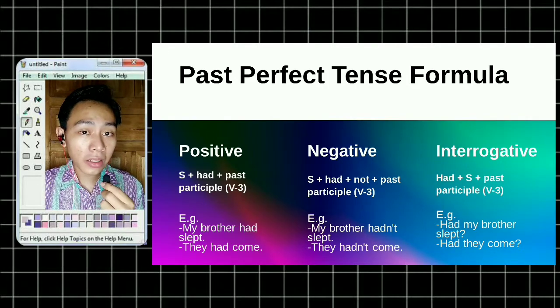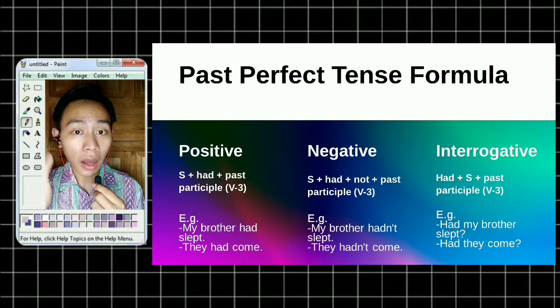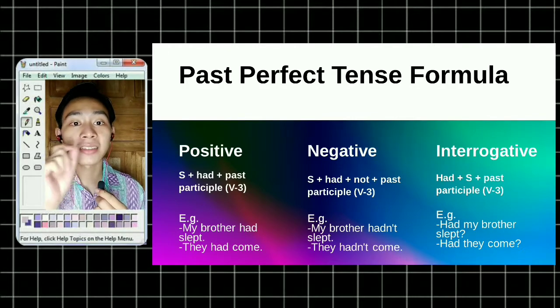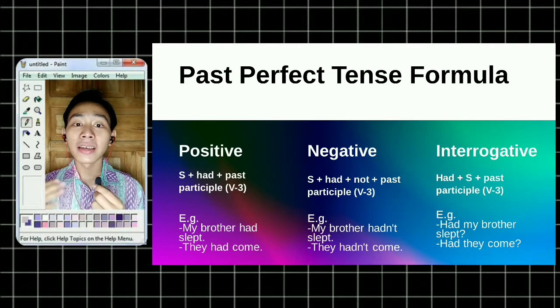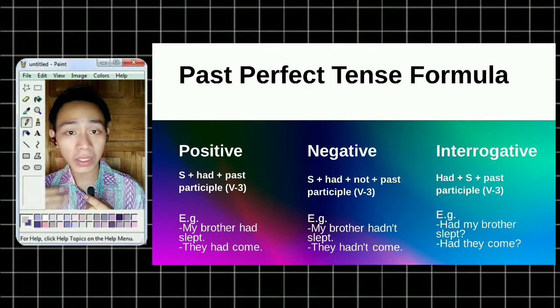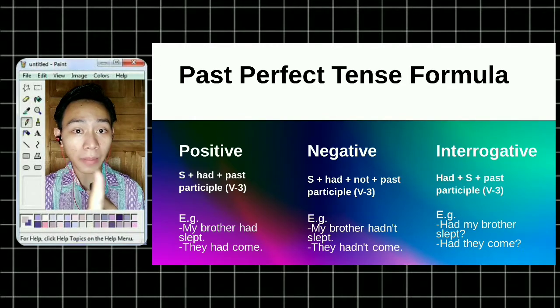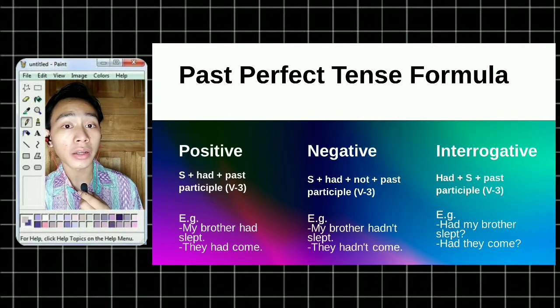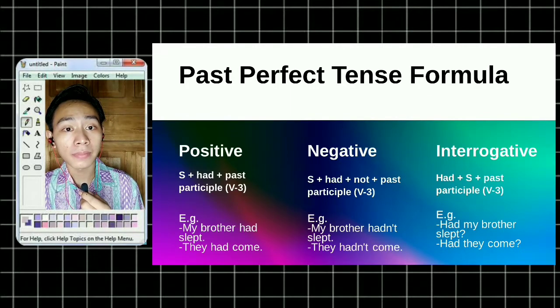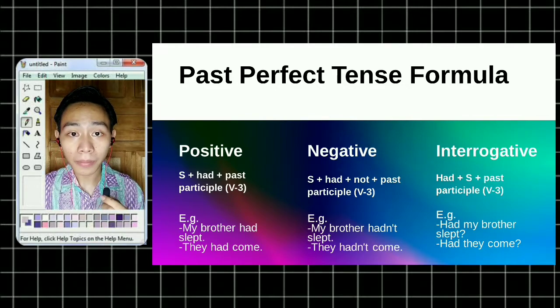So in the plain form, it is still come. Next, negative sentence. Subject plus had plus not plus past participle, verb 3. For example, my brother had not slept. They had not come.